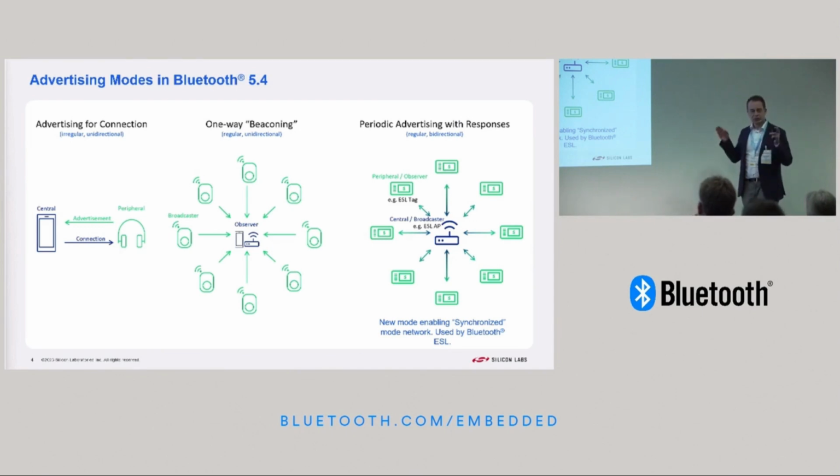Everything happens in a tight, time-controlled manner, and that's the secret behind the low power consumption, which was one of the key things we need to achieve. But this is at the core of what PAWR is doing and what its novelty is.